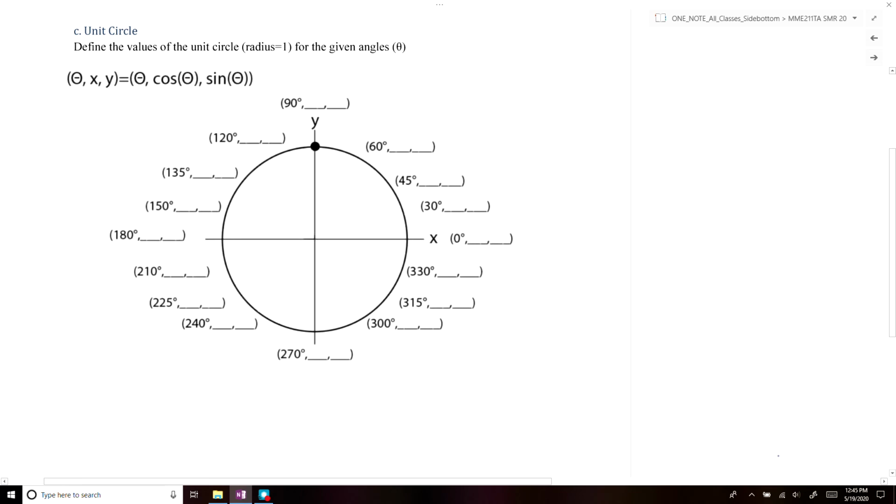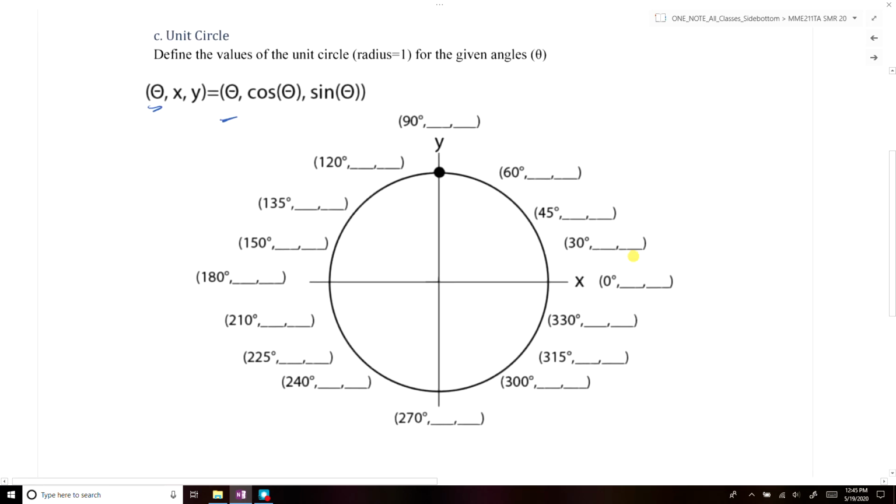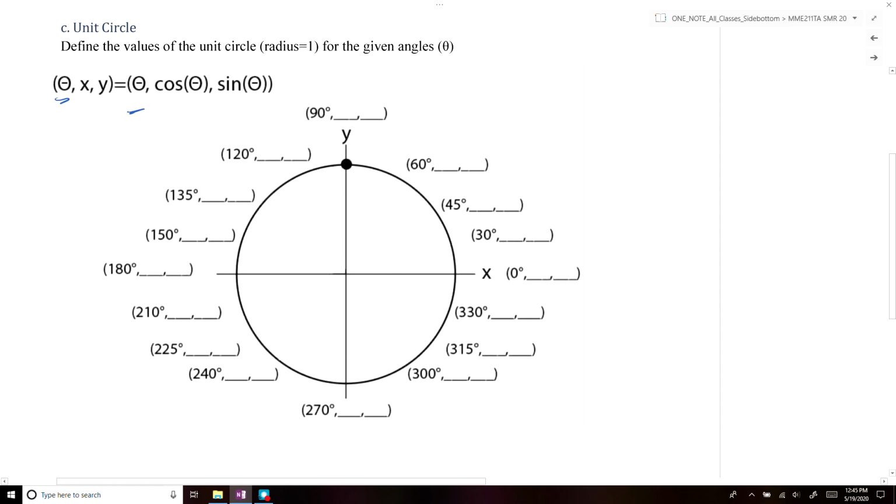All right. And so the last bit of trigonometry that is valuable for you to understand in this course is the sine and cosine of specific angles for various values of the angle theta. For example, when theta is equal to 0, we know that the cosine of 0 is 1, and the sine of theta is 0.